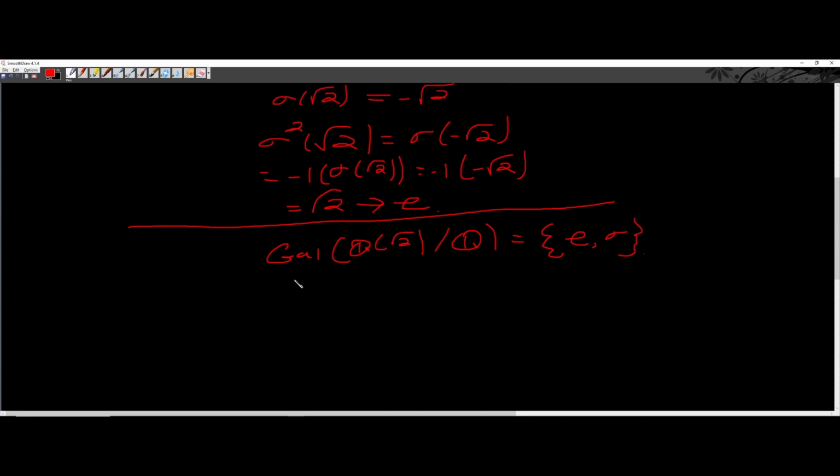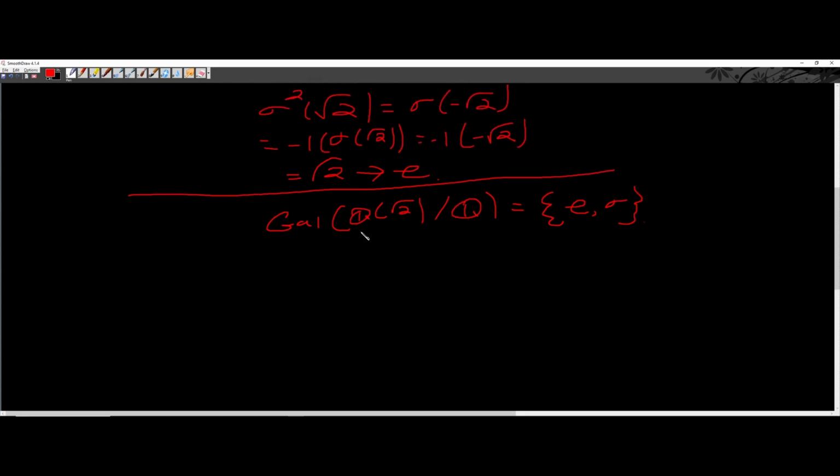Okay, so now that we have our Galois group, we can actually apply this formula.